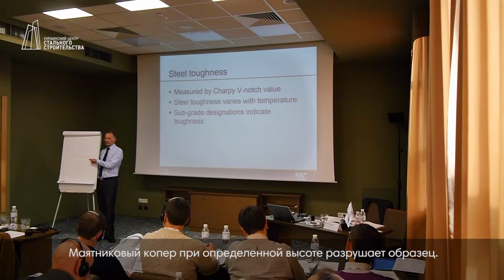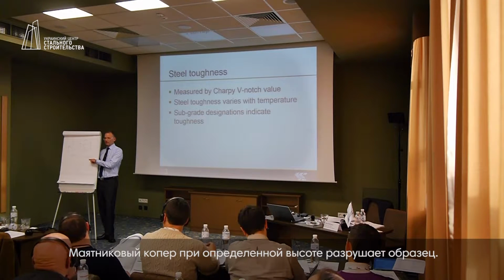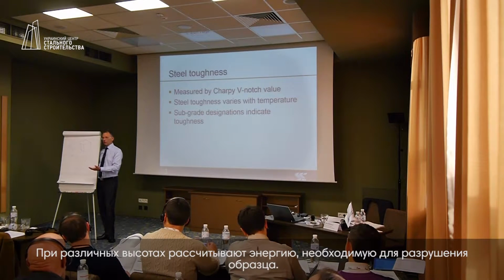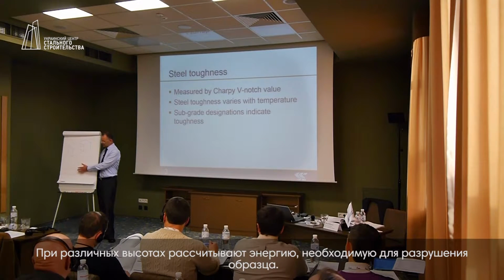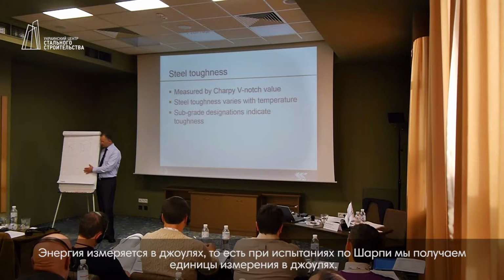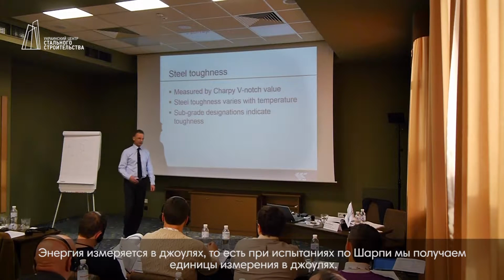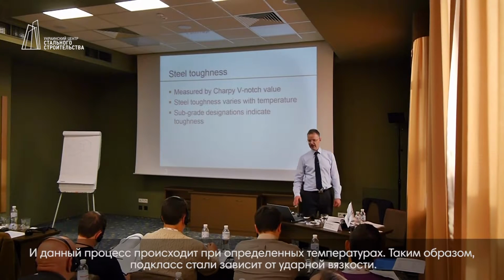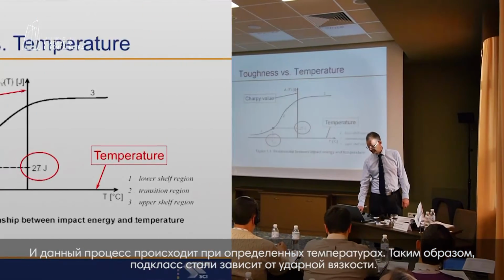So at this height, the pendulum has a certain amount of energy. It swings through, breaks the sample, follows through to some other height, and the difference in height is the energy which has been absorbed in breaking the sample. So energy is measured in joules, and the Charpy value is a measurement in joules. And that takes place at a given temperature.